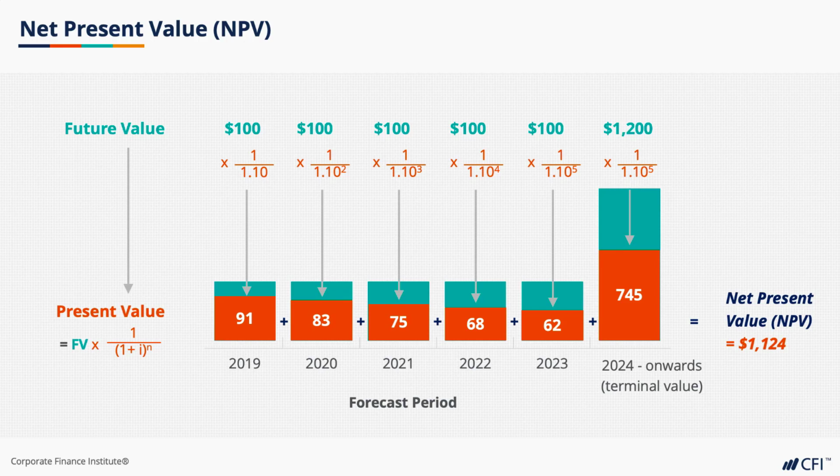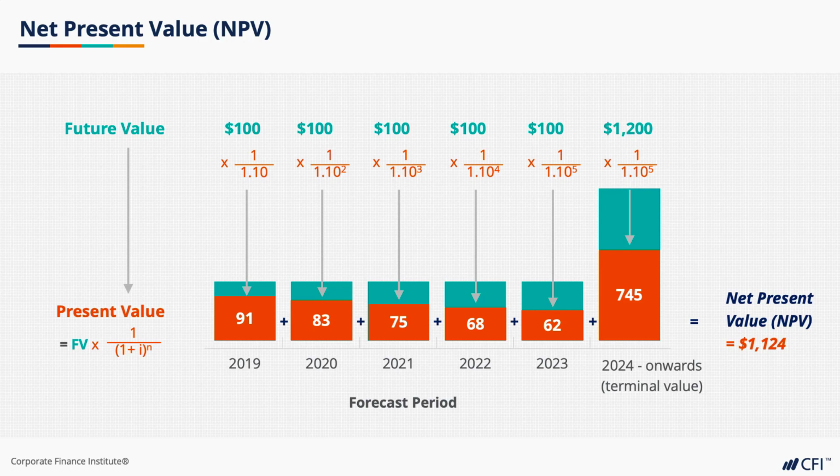You'll notice that as time goes on and cash flows get further out into the future, they're worth less today. This is because of the risk and the opportunity cost associated with receiving money further in the future. It's always better to receive money today than it is later in the future.